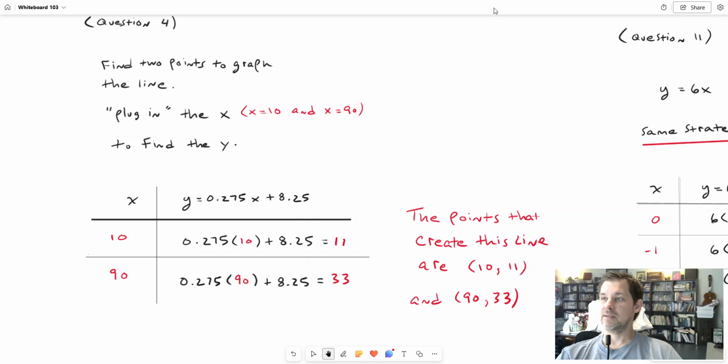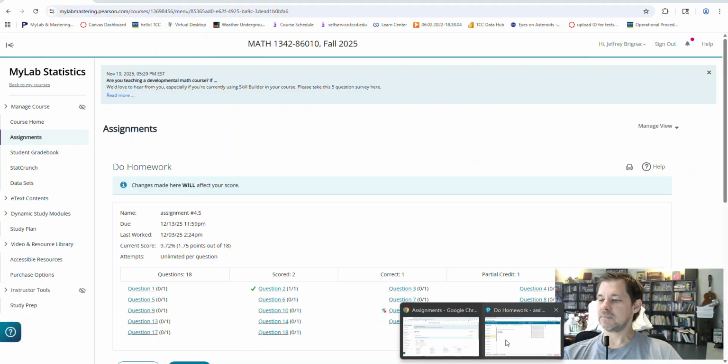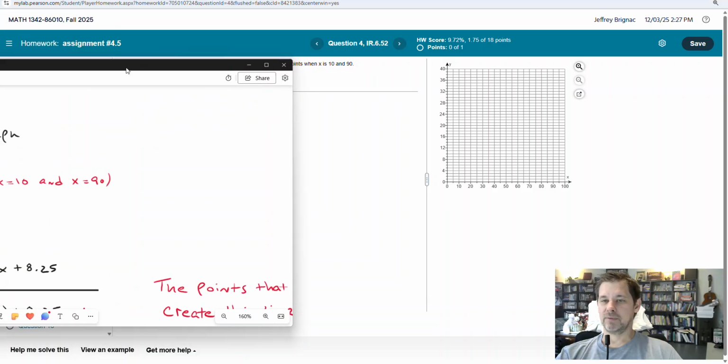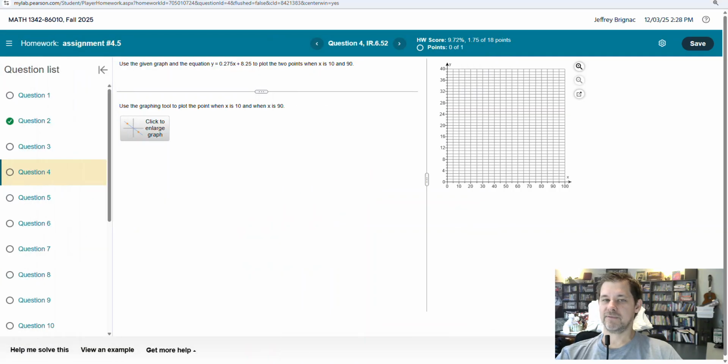So let's see. Let's open question 4 again. Okay. Now I know what my points are supposed to be. Right 10, up 11. And then right 90, up 33. Let's graph them individually. I'll have to click this to enlarge the graph.